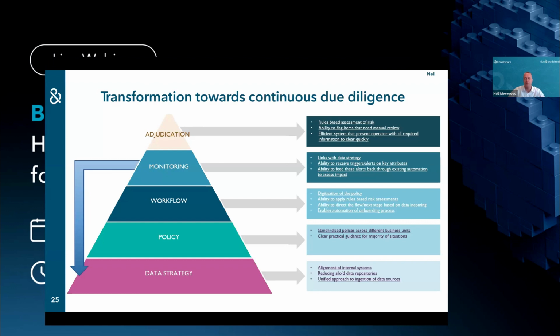So the aim really is to minimize how much gets to this layer. You want all the obvious decisions to be done by the system. And that way, people have got the time to really consider the risks and make the right decisions in terms of what's been flagged up.